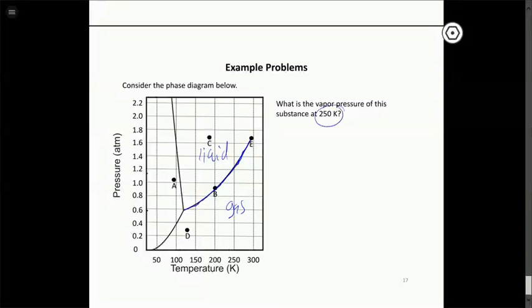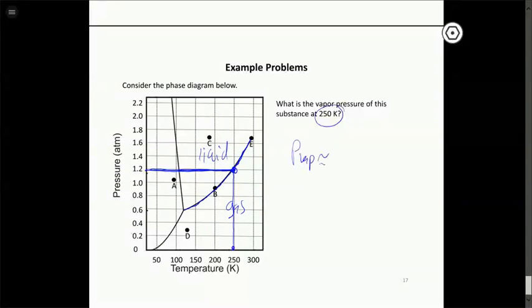So when you're on the liquid gas line, the pressure that you read off of this line corresponds to the vapor pressure. So if we're at 250 Kelvin, we go to 250 Kelvin, which is here. We take this up to the liquid gas line. And then we extrapolate that over to the pressure axis. So any pressure that intersects the liquid gas line corresponds to the vapor pressure.